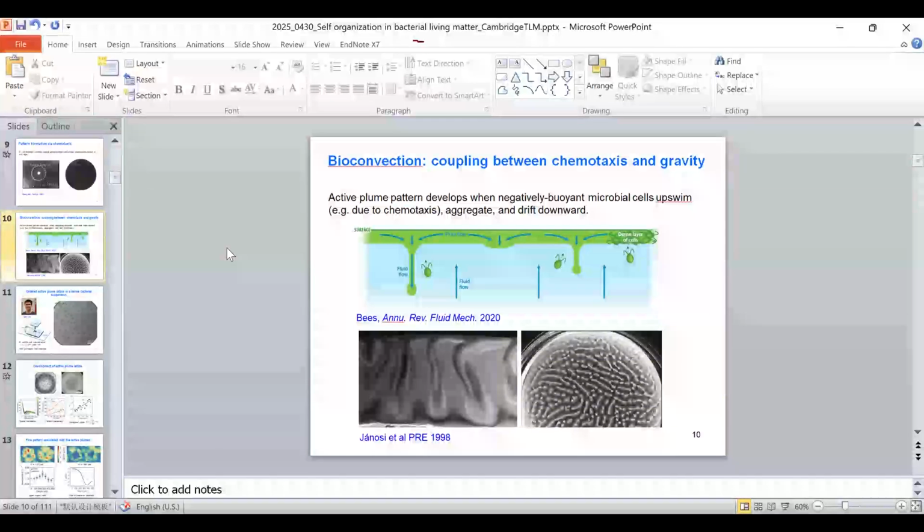So they want to go up where the oxygen is, so I understand why they would go up. Are you saying that the bioconvection is just a byproduct, not something that benefits their metabolism? Because why don't they just stay at the surface?